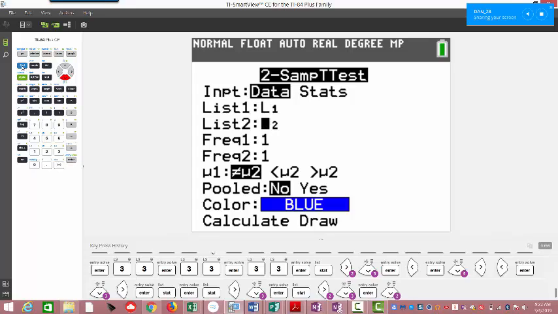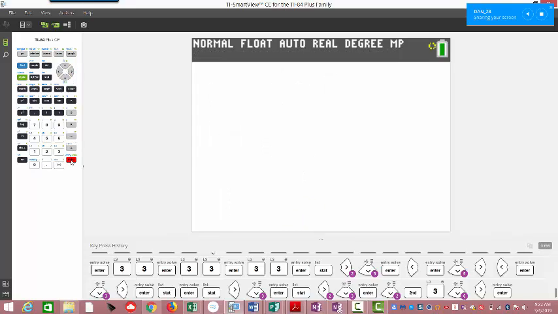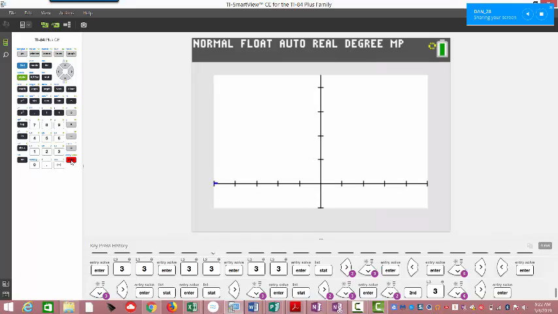So my list 2, I use second 3 to get L3. Everything else stays the same. And again, calculating or drawing is going to give you all of your values. Remember, you're going to get shading on both ends if there is any shading.